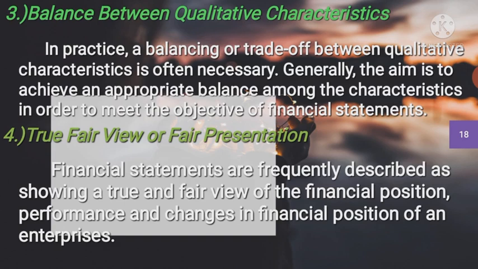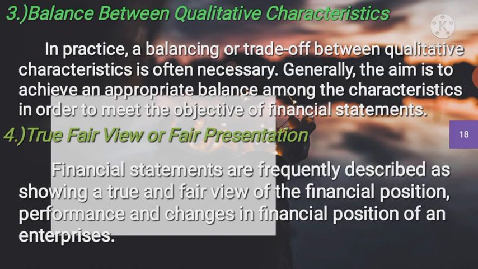True suggests that the financial statements are factually correct and have been prepared according to applicable reporting frameworks such as the IFRS, and they do not contain any material misstatements that may mislead the users.